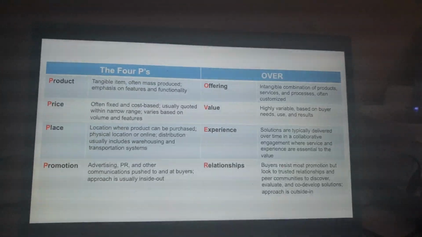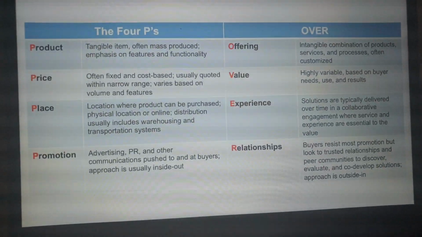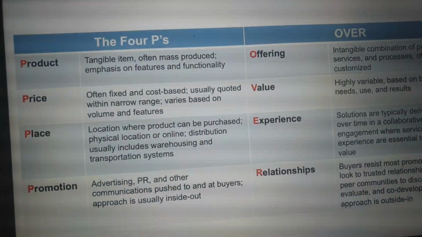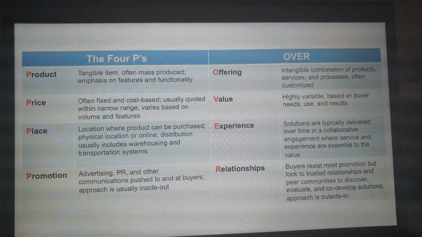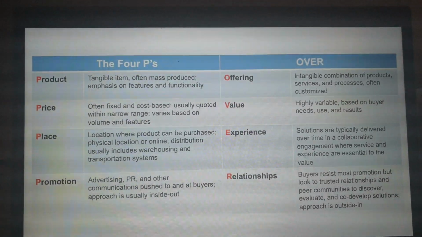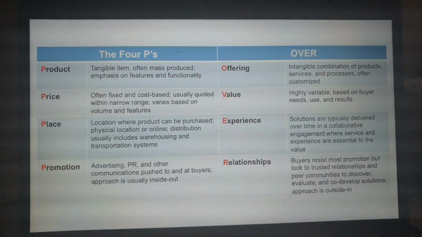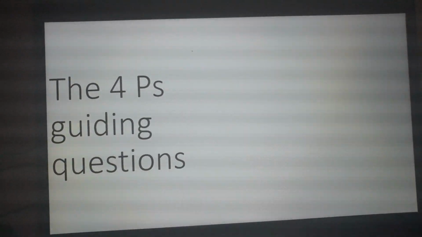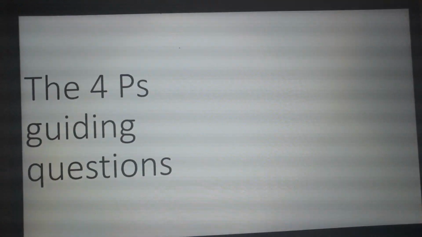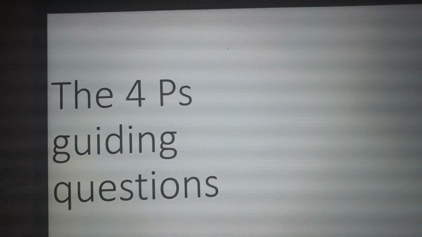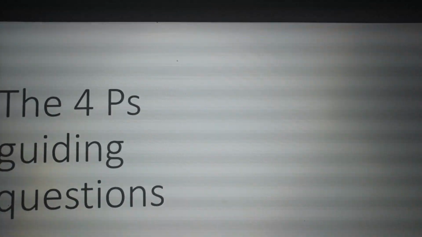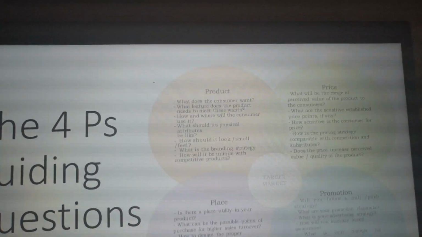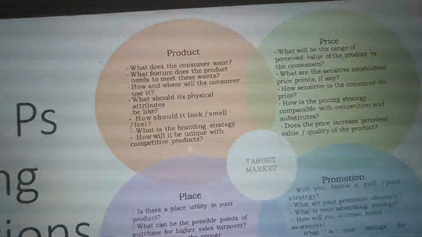So what we're talking about, therefore, is again simply re-emphasizing the principles of marketing via the 4 P's as established earlier. So there will be some guiding questions that will help you understand the 4 P's even further as you prepare to apply them in the field.